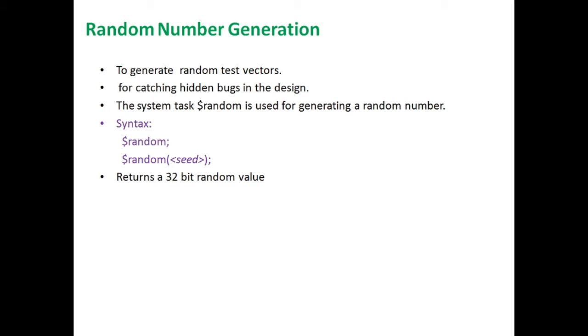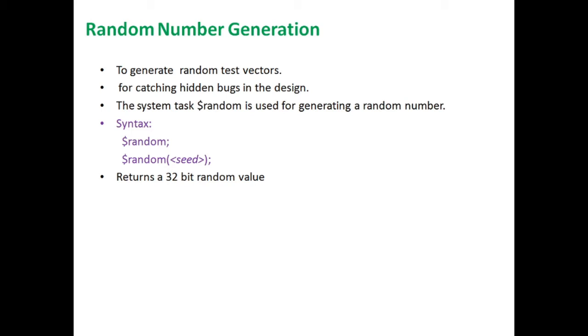Suppose you take the 4 inputs in your design and a single output, Y. If I manually give only 7 to 8 test vectors to verify the functionality of my design, I have skipped some test vectors in between.